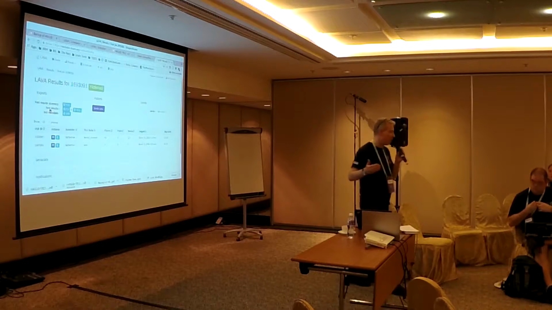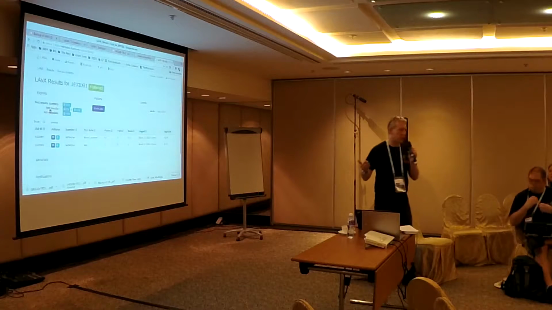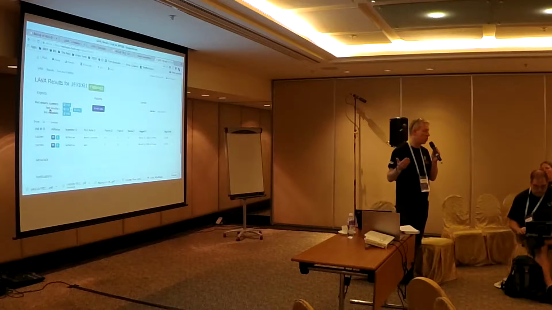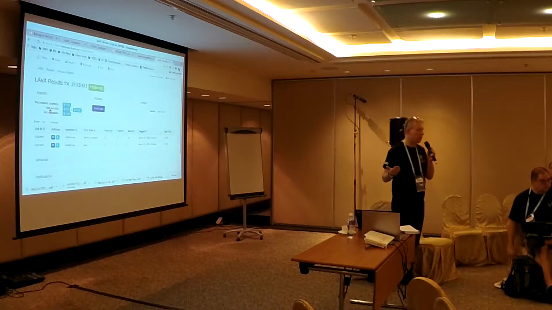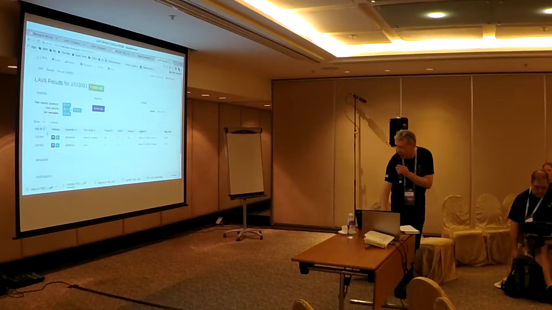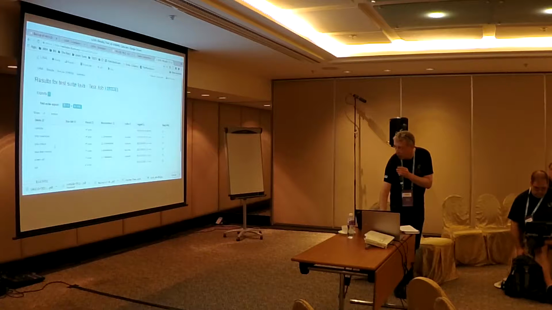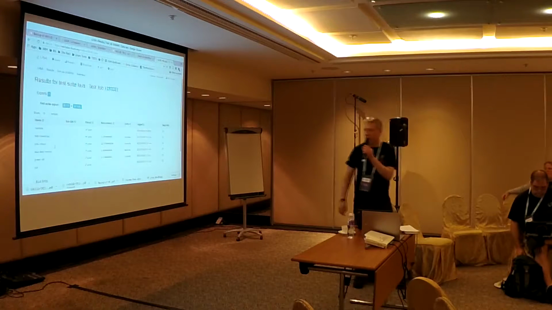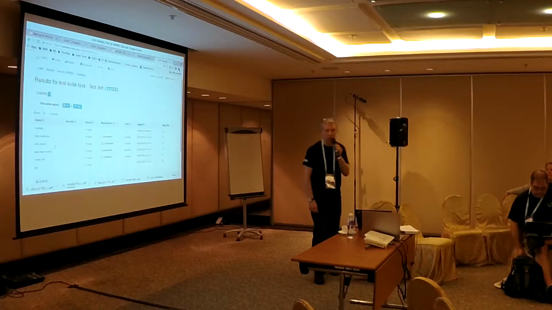So the output of the test results not only tells you what your test suite did, but it also tells you what Lava did. And if I click on test suite, you can see just some of the things that Lava did when it was running your job.